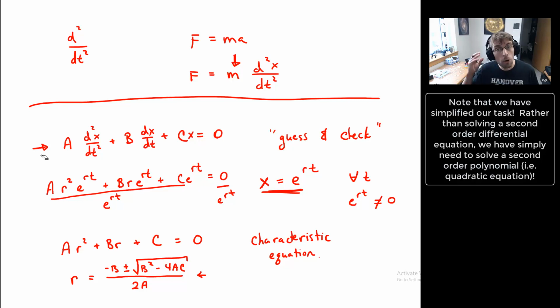Okay. Now, hopefully you also see how this could be extended to higher order equations. But then you also understand why it's particularly useful for second order equations. This technique could be applied to a third order equation, it's just that finding the solution to the characteristic equation is not particularly straightforward.